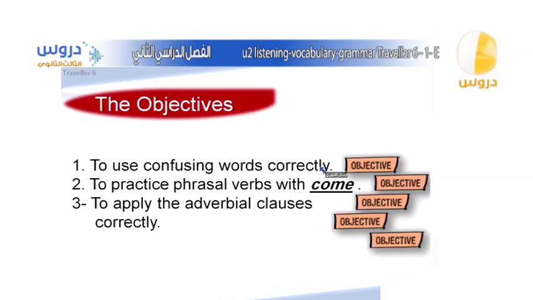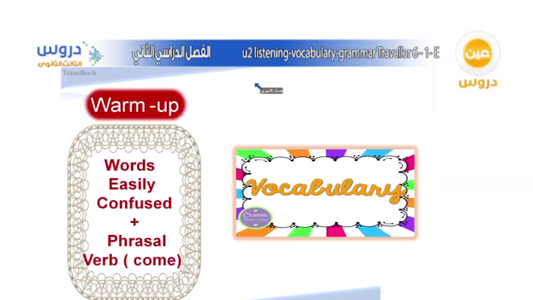So we are going to use confusing words in the right way, and also practice phrasal verbs with come, and apply adverbial clauses correctly. All right, those are the objectives of this lesson.